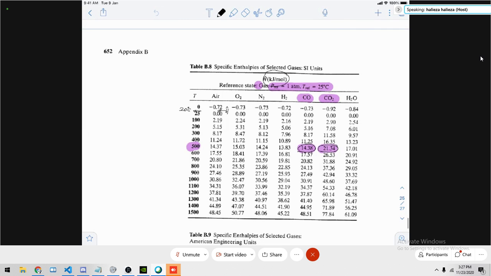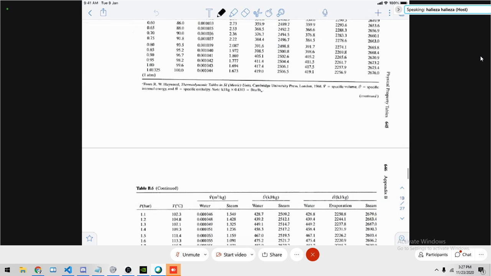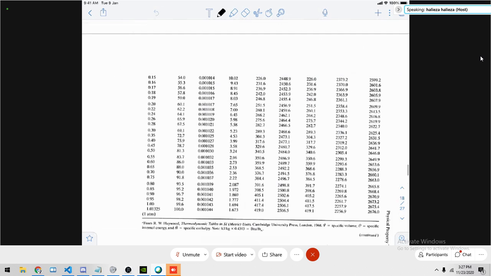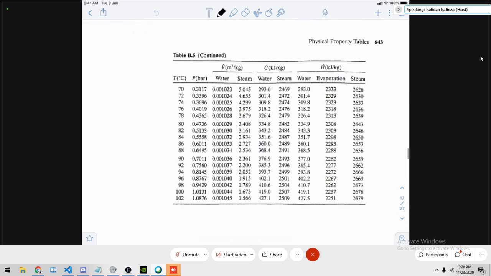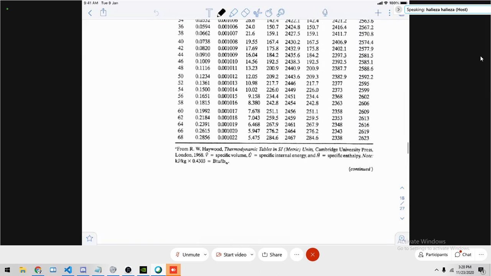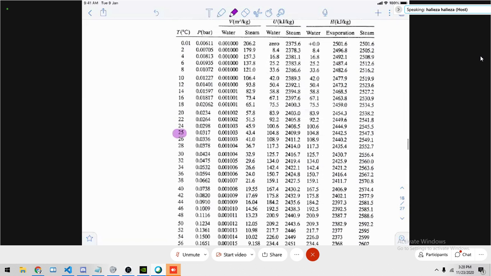Steam table. This is bar pressure. Where is the temperature? This is temperature, 25. Let's come across it. Here it is, 25. So where is the water? Liquid water. If you go along this horizontally, is that the value?